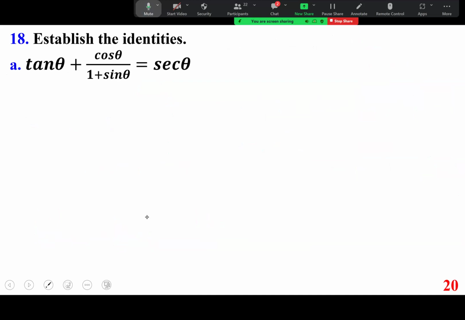We want to establish the identity tan theta plus cosine theta over 1 plus sine theta equals secant theta. We start with the more complicated side, namely the left-hand side.